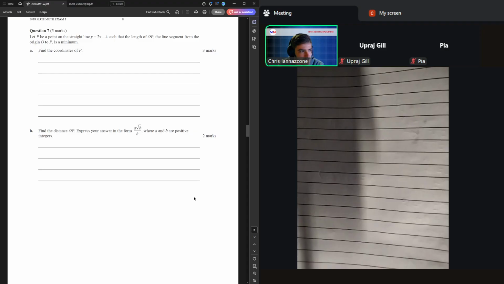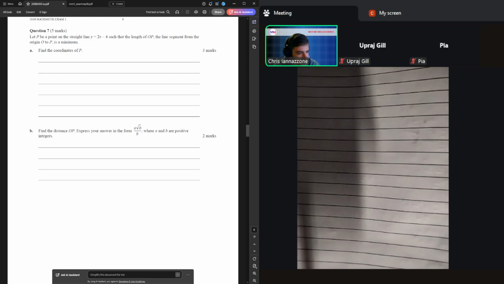Minimizing distance has a very standard way of going about it: get your distance equation and then use your whole derivative approach to find stationary points. Because it's a linear, you have quite a bit of flexibility, actually.